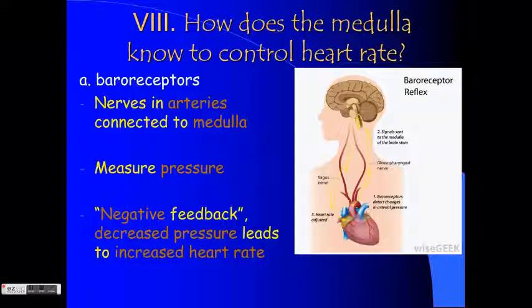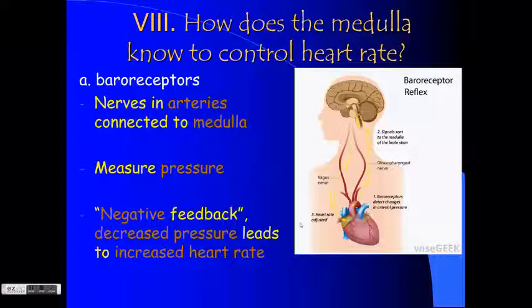In other words, opposite. When your pressure is high, your heart rate decreases, and vice versa. So negative feedback is the idea. Pressure in the arteries sent back to the brain as a signal. Your medulla then tells your SA node and then AV node ultimately to contract, to speed up, or to slow down.